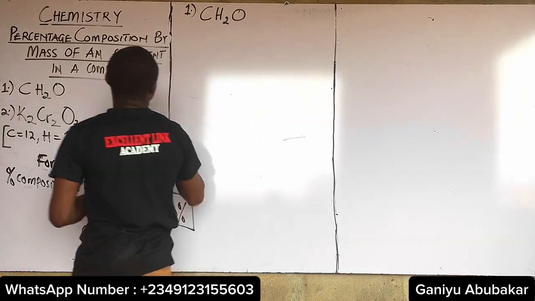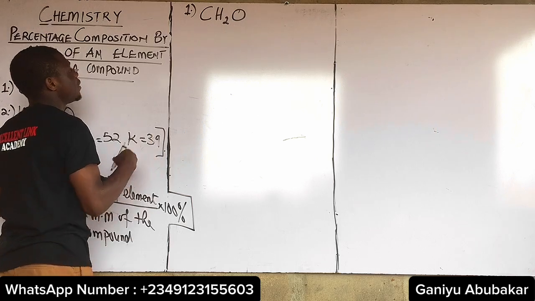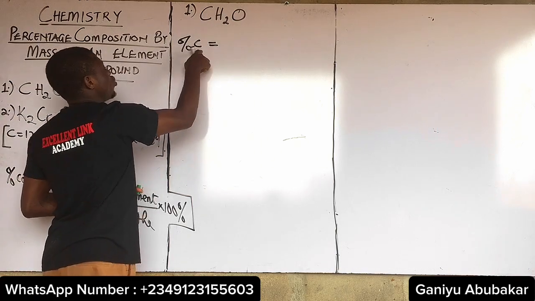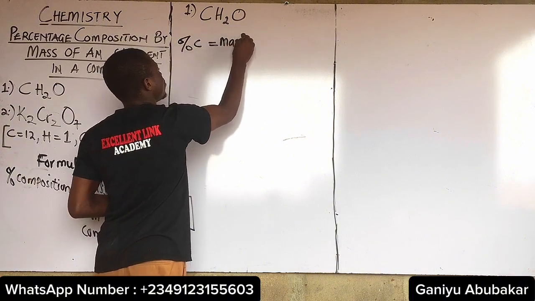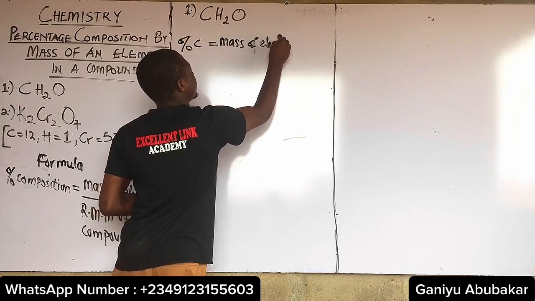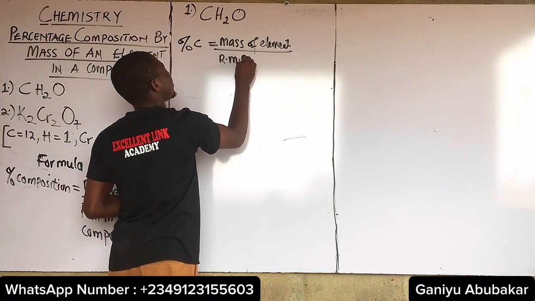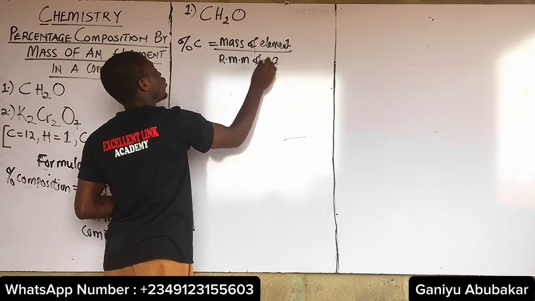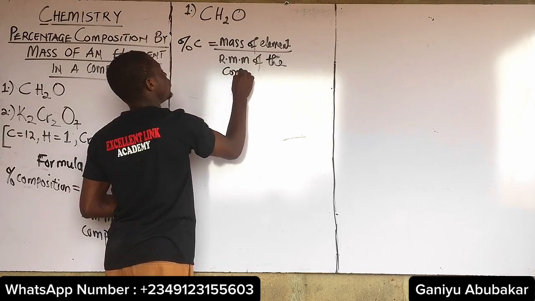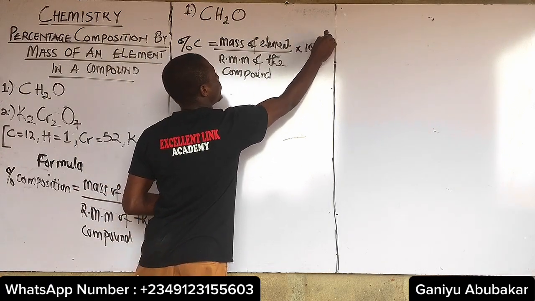So let's start with carbon. What we know is that percentage composition is equal to the mass of element, all over the relative molecular mass of the compound, times 100%.